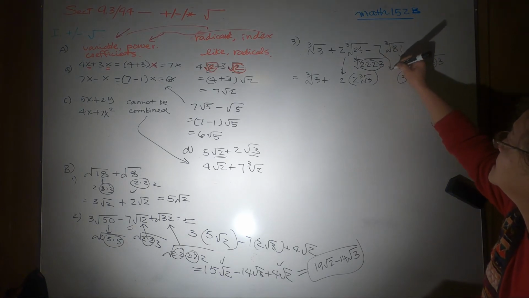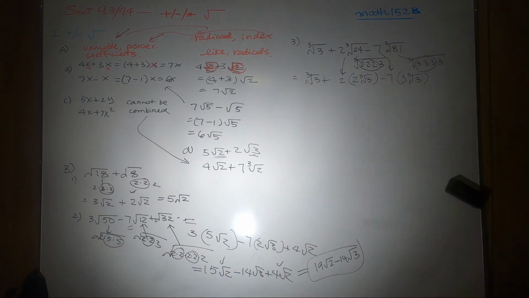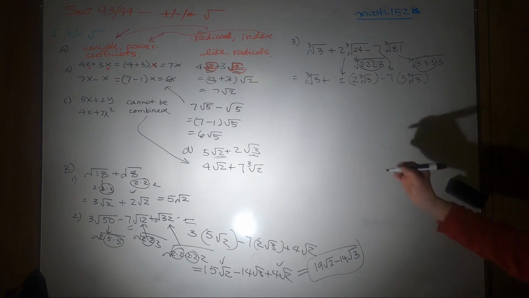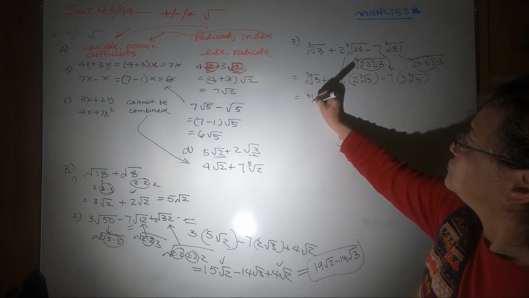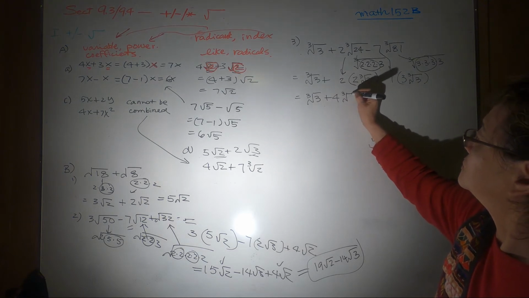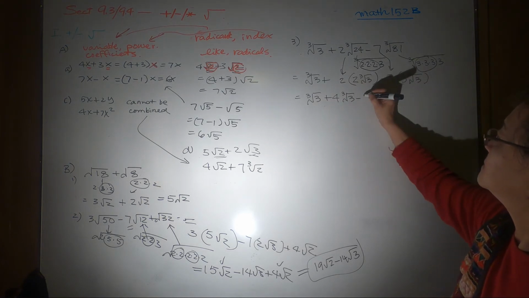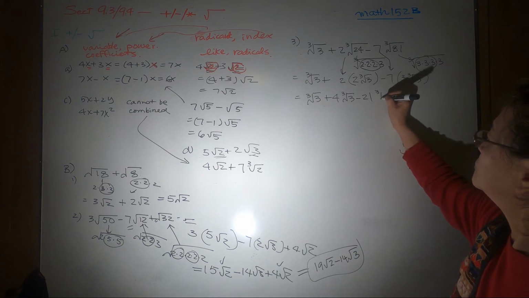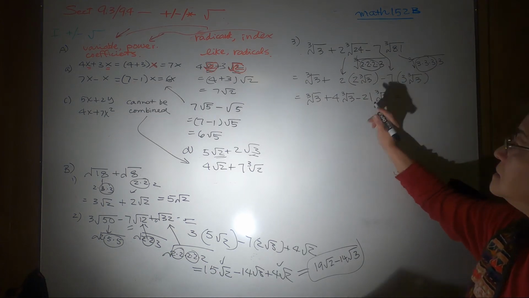Then you need to carry this down. Don't forget your coefficient, right? Then what do we have? We will have cube root of 3 plus 4 cube root of 3 minus 21 cube root of 3, right?